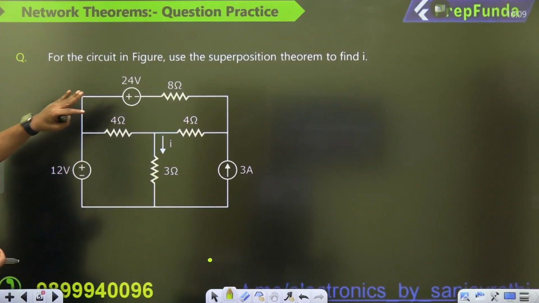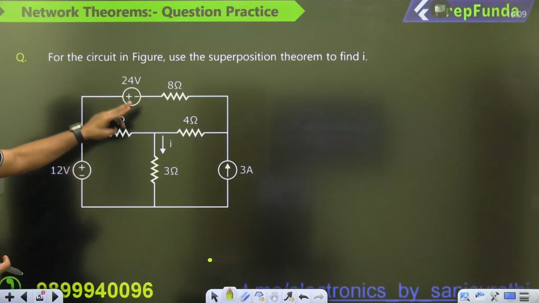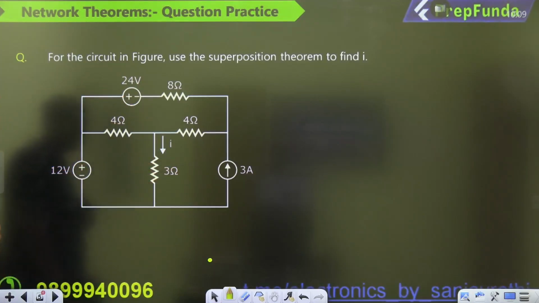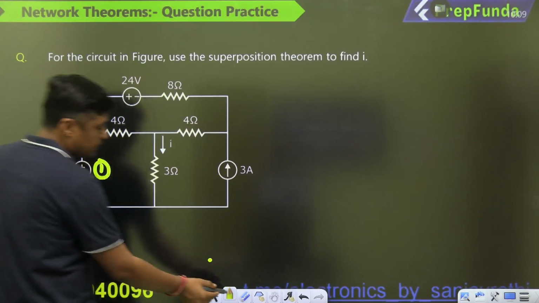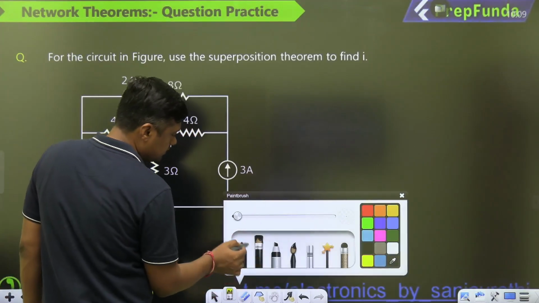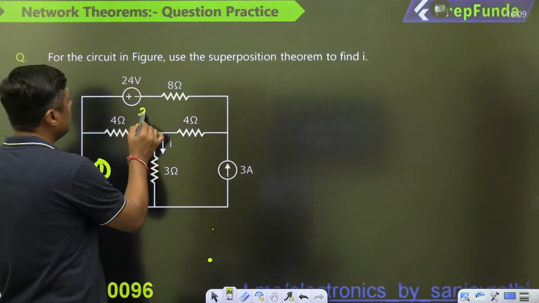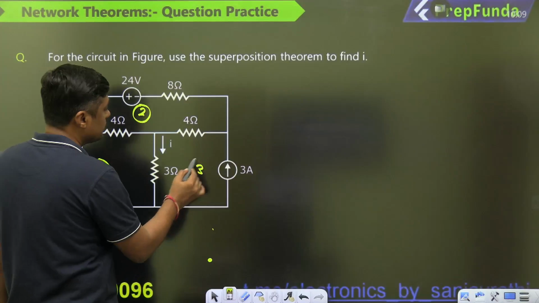There are three sources: first, second, and third. Remember, one by one you have to consider the three sources. Like this is the first source, this is the second one, and this is the third one.